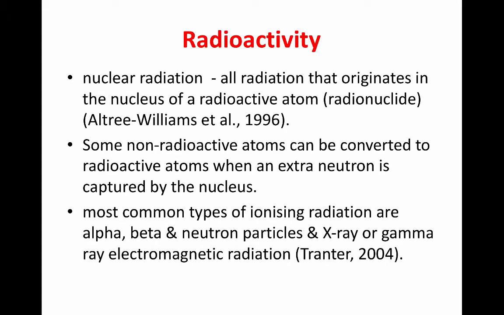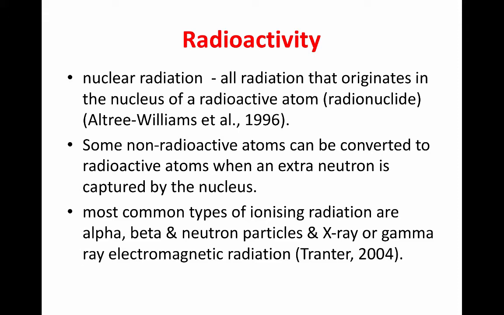Now when we're talking about radioactivity, the term nuclear radiation describes all forms of radiation that originates in the nucleus of the radioactive atom or the radionuclide. Some non-radioactive atoms can be converted to radioactive atoms when an extra neutron is captured by the nucleus.